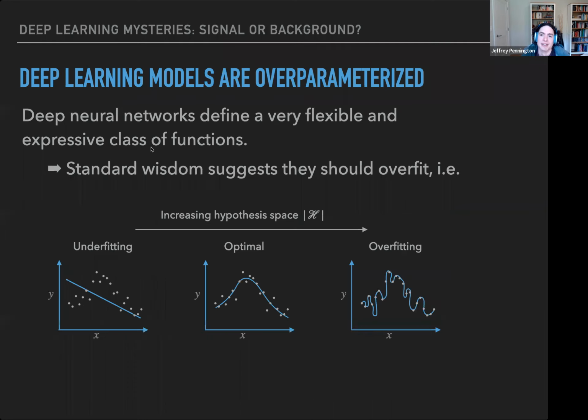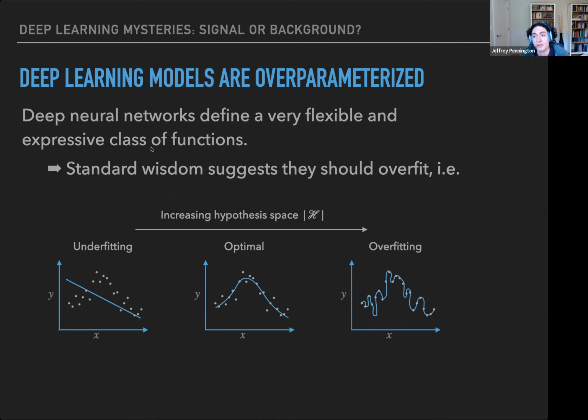So how could this be? Standard wisdom would suggest that the hypothesis space, the space of functions that the neural network can really realize, is huge. It contains good functions and bad ones, and in this kind of caricature, the observations from Zhang et al. suggest that in practice we live way over to the right in this sequence of model capacity.